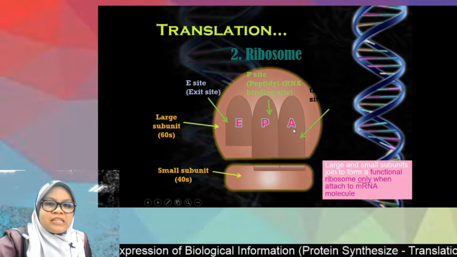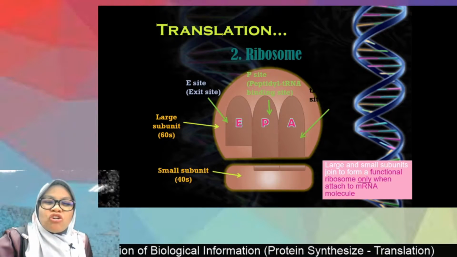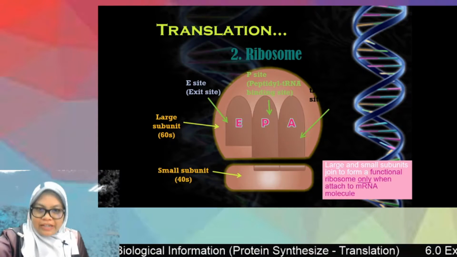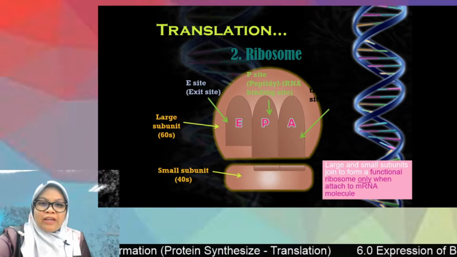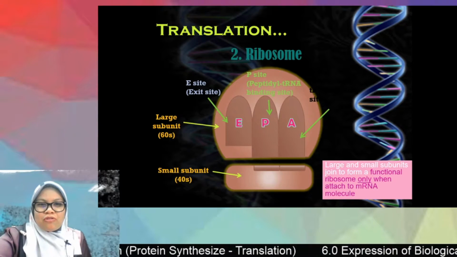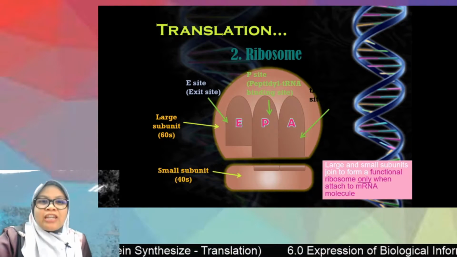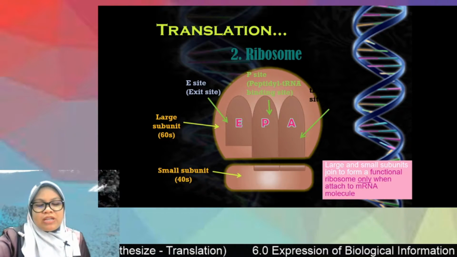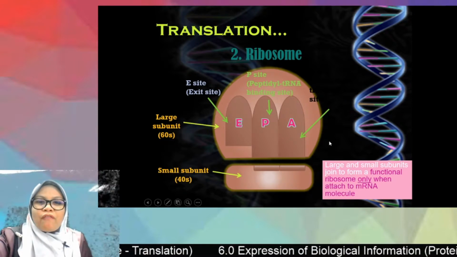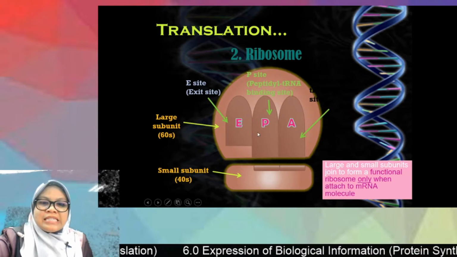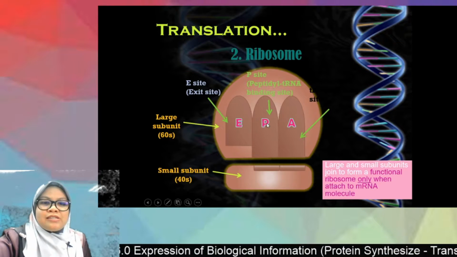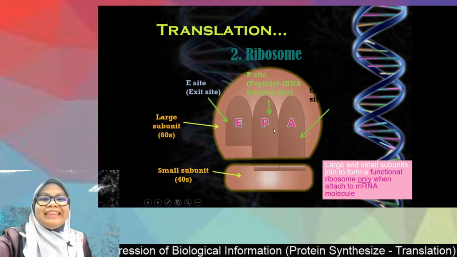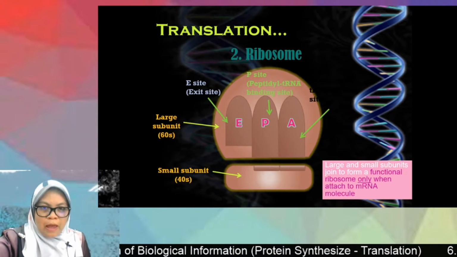The A site is the site for aminoacyl tRNA, which means the tRNA that is already bound to one amino acid. P site is the site for peptidyl tRNA.